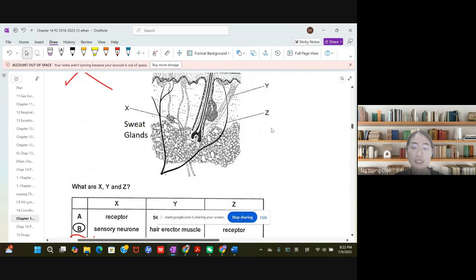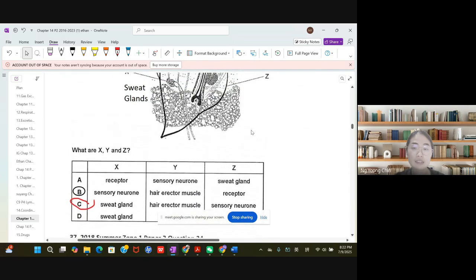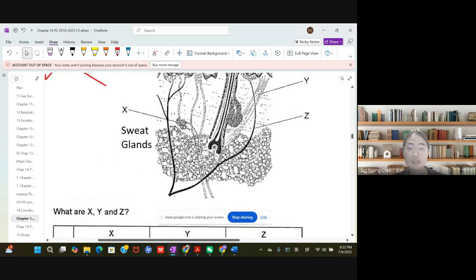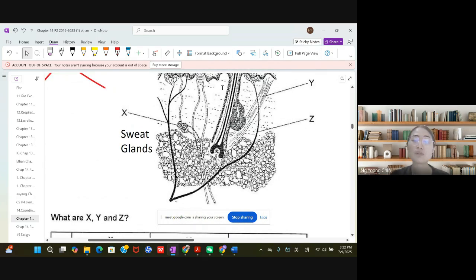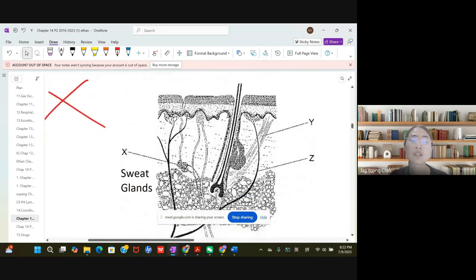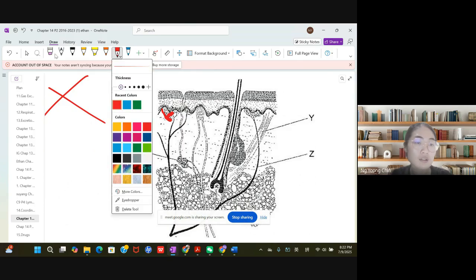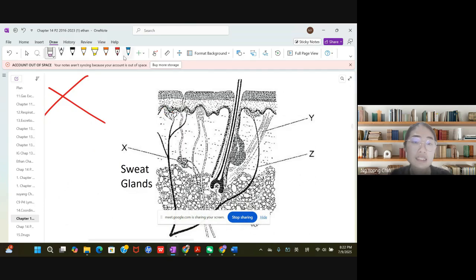And then how about Z? Z is the sensory neuron. How are you able to identify it as a sensory neuron? In this case, you cannot see the cell body. But what you can see is this long branch.